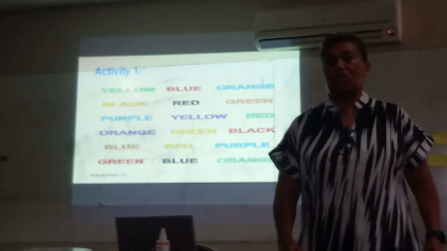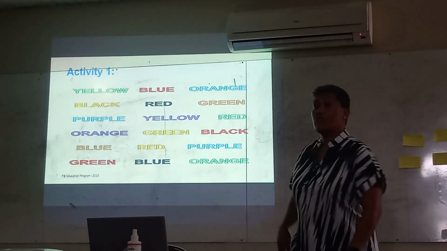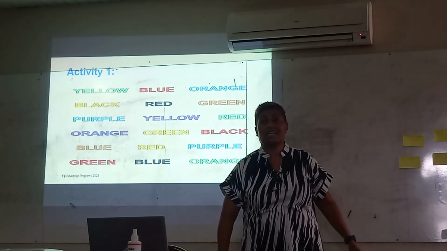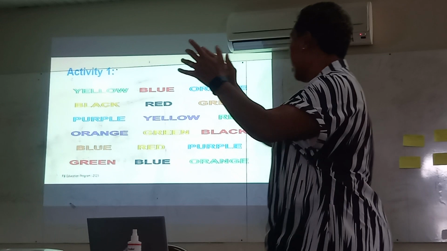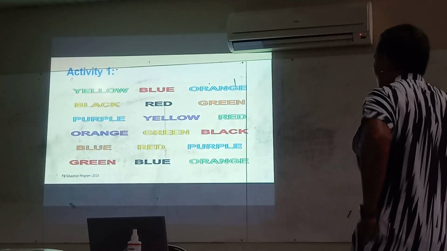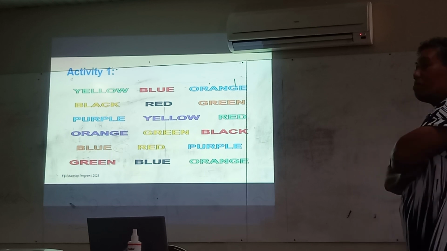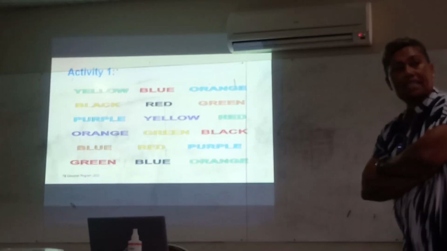All right. I want you to read the words written on the slide from my right to the left, going down, but you have to read according to the color of the font. 2, 3. Green, red, blue, yellow, black, orange, purple.